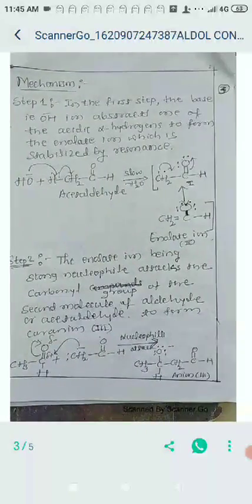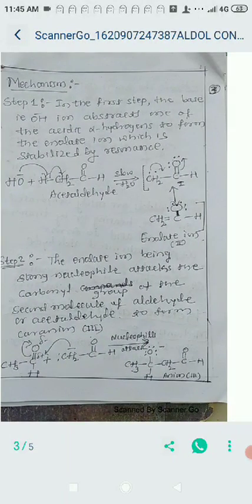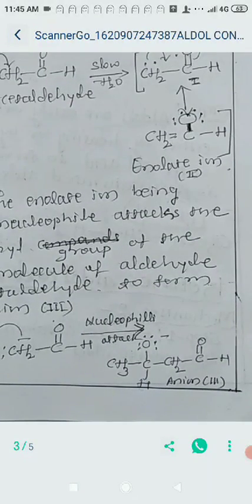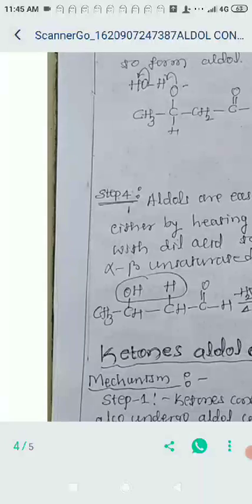In the second step, the formed enolate ion reacts with another molecule of aldehyde to form an anion.